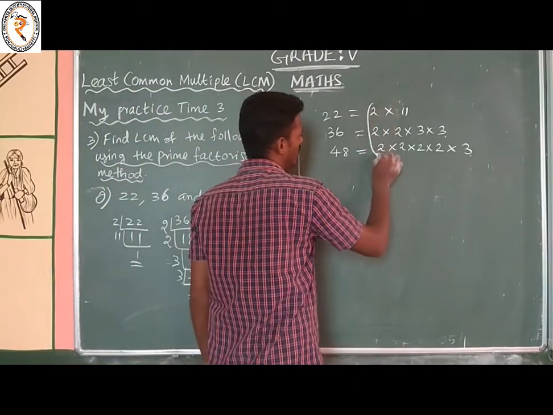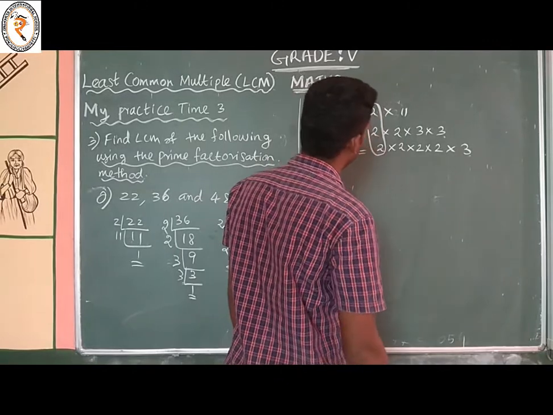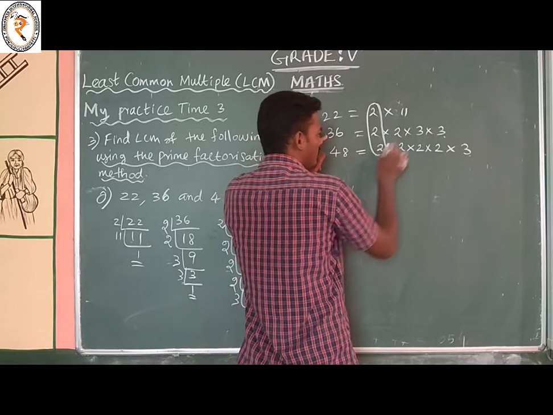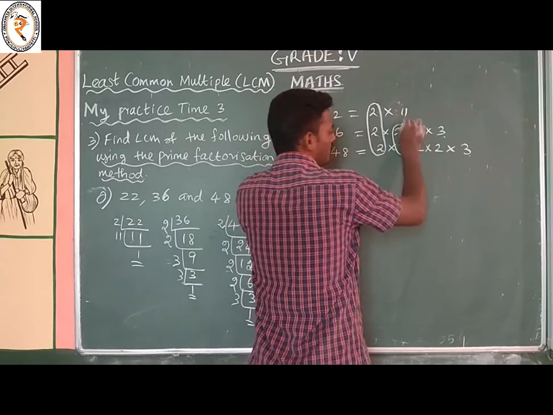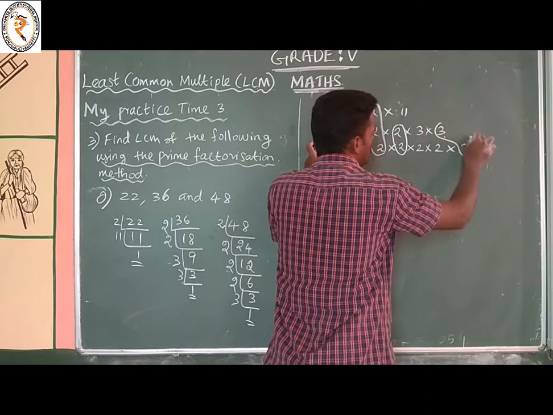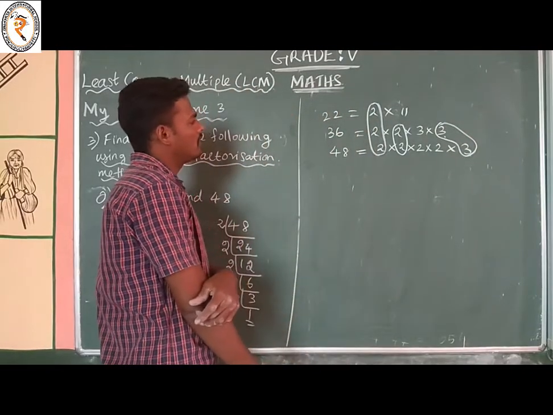Now the common numbers. Between 36 and 48, 2 is a common number, and also 3 is another common number. Any other common numbers, not here.